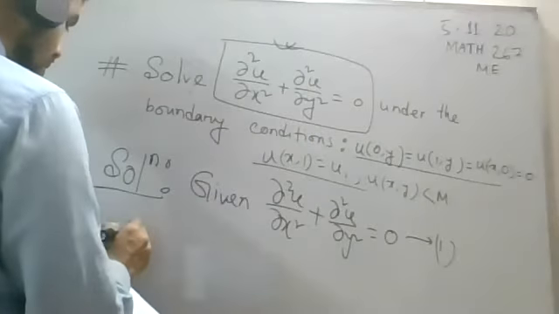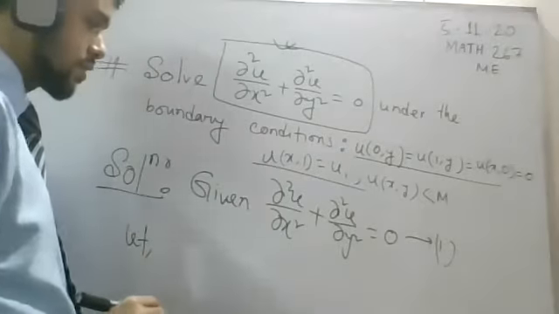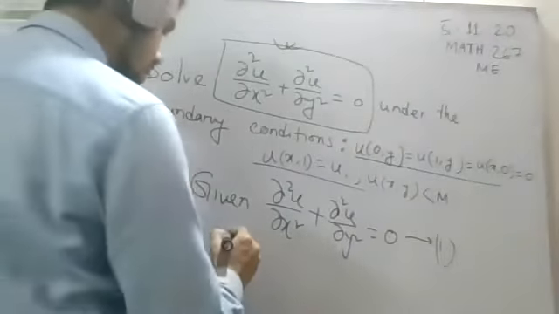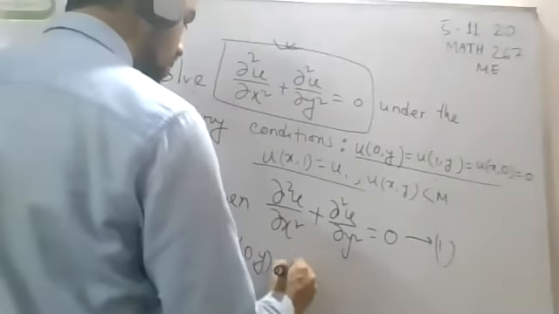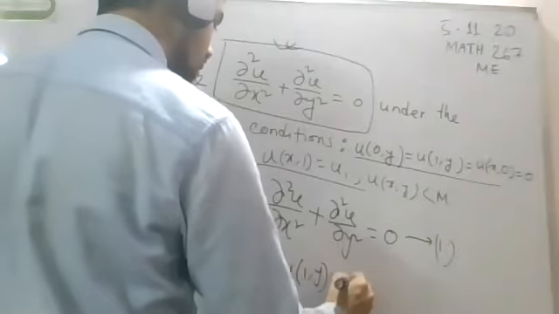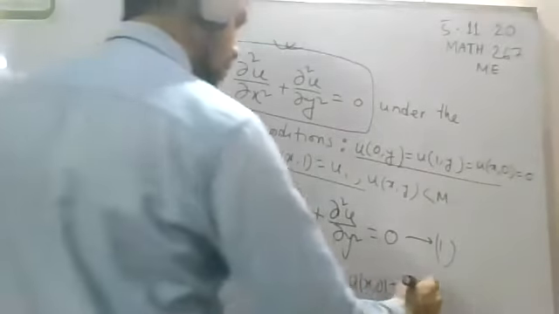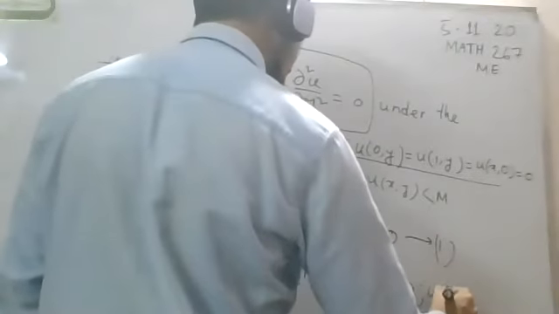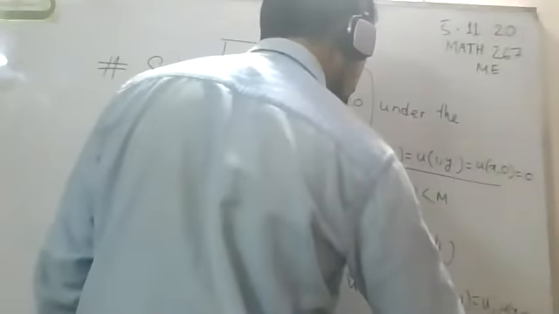At first you have to let the solution of equation 1. The conditions are u(0, y) = u(1, y) = u(x, 0) = 0, and also u(x, 1) = u1, where u(x, y) is bounded. Okay, this is the condition. So this is equation 2, and this is equation 3.